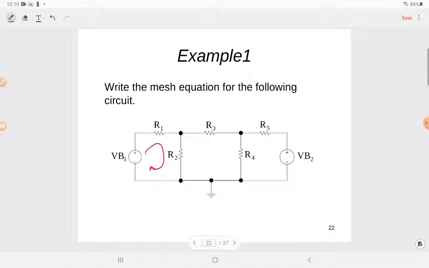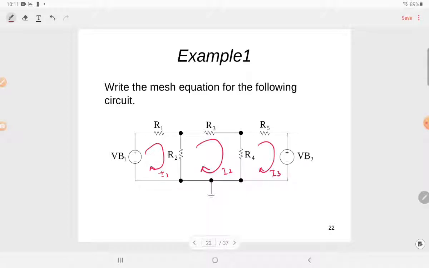Usually the best way is to choose one direction, using the same direction of current for every mesh. In this case, I'm using a clockwise direction, so this one I consider I1, this one I2, and this one I3.